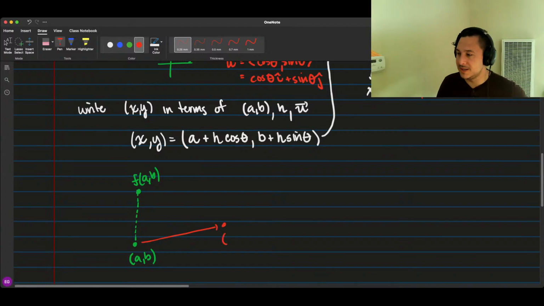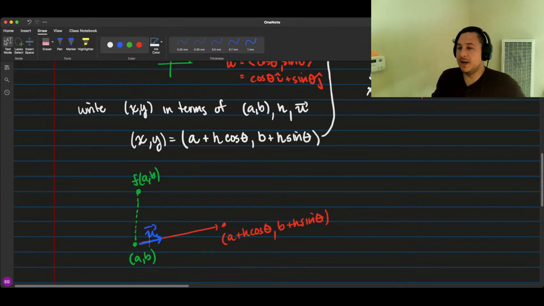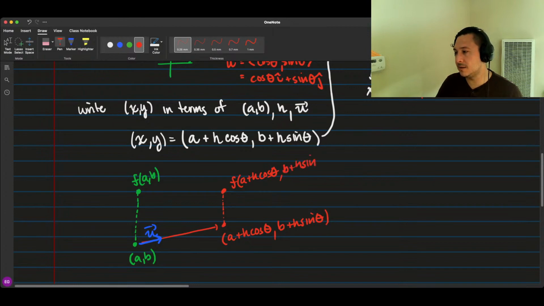Our second point is a plus h cosine theta, comma b plus h sine theta. What we did is we traveled in the direction of that vector u a distance of h away. And we can evaluate that point and get f of a plus h cosine theta, comma b plus h sine theta.